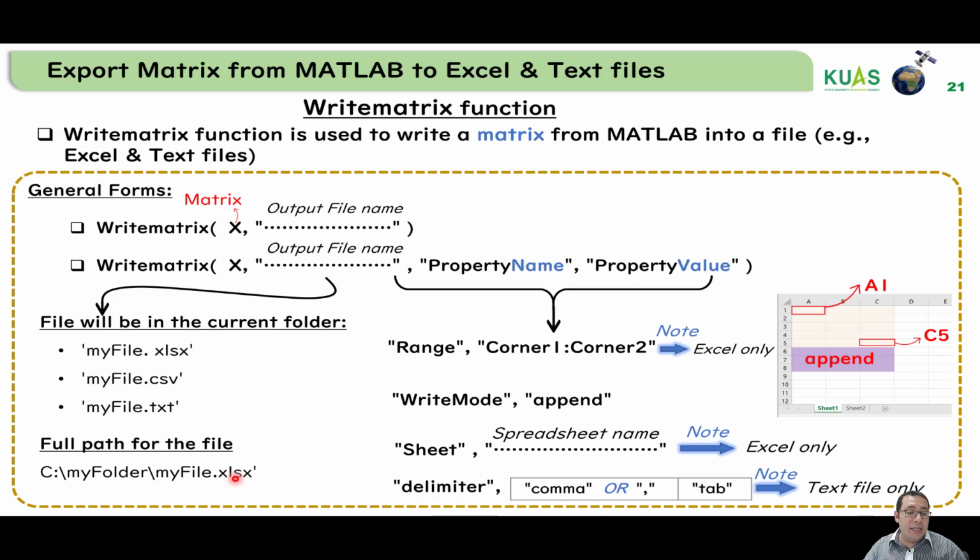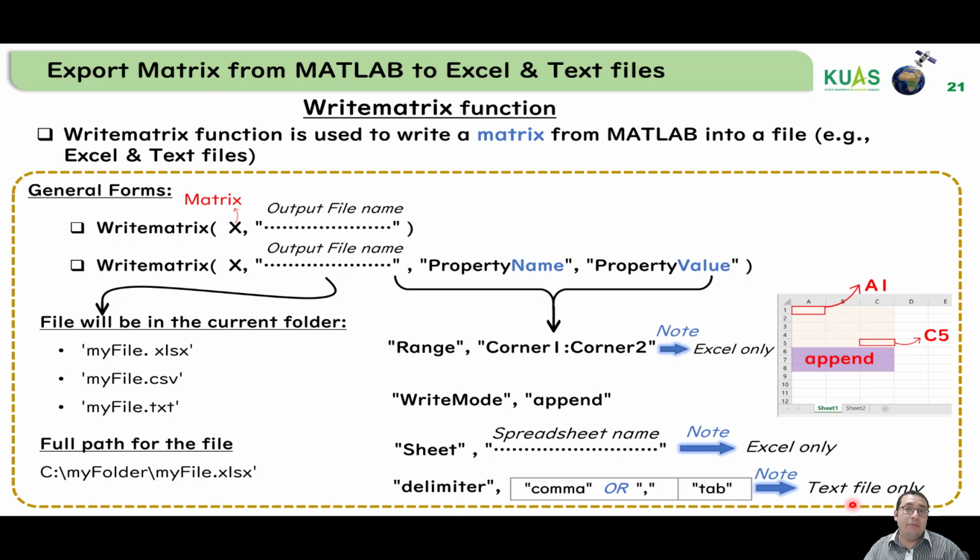If you're using Excel, you don't need to do that. If you use CSV, the default is comma delimited, so you don't need to. But in a text file, you should define the delimiter, for example comma, tab, or semicolon, whatever you wish, right here. This is in the case of a text file only.